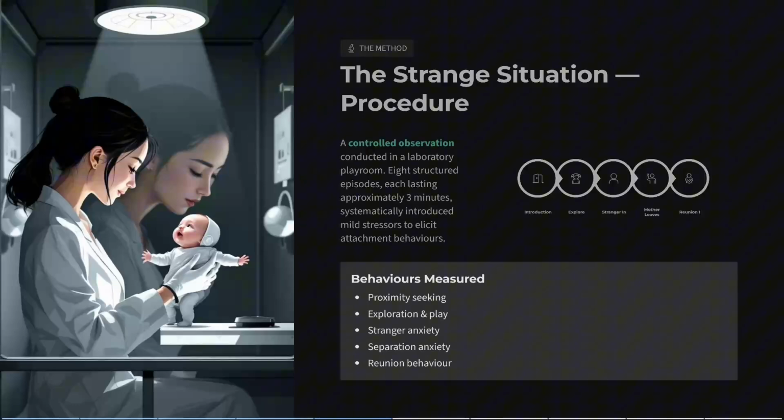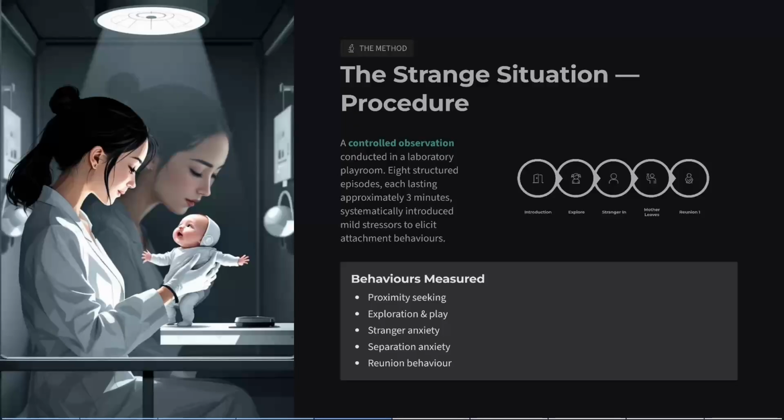How distressed does the infant become when the caregiver leaves the room? And reunion behaviour. How does the infant respond when the caregiver comes back? It's the specific pattern of these 5 behaviours across all 8 episodes that determines the infant's attachment classification.